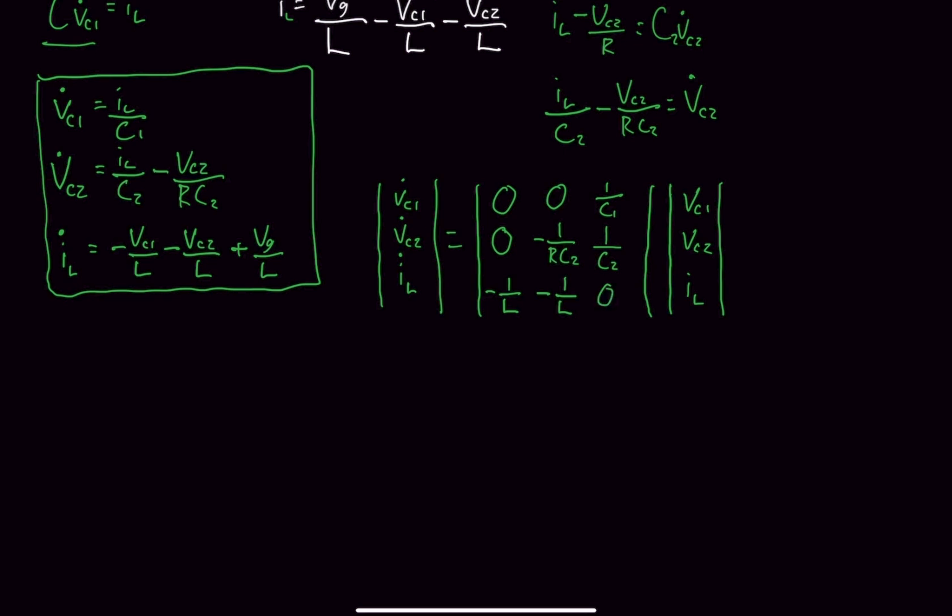But we do have VG, which is going to be part of our forcing function. Because we only have that at the bottom, it's going to be 0 for VC1, 0 for VC2, and 1 over L.